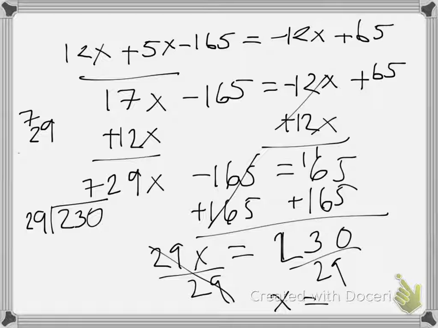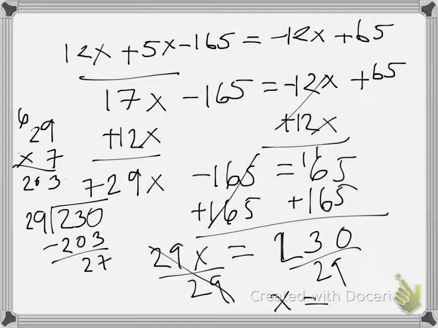29 times 7. Let's see what that is. 29 times 7. So 9 times 7 is 63. And then 7 times 2 is 14. So it's 203. Subtract it. 30 minus 3 is 27.